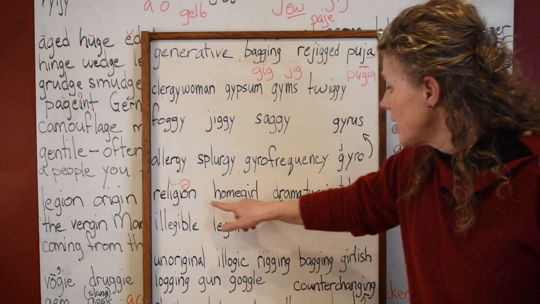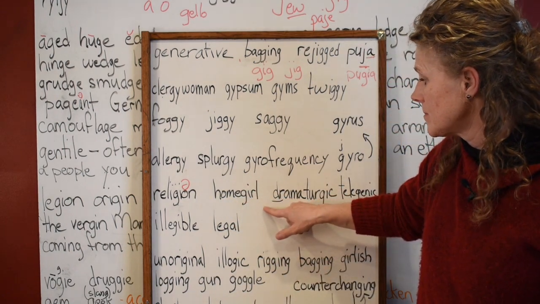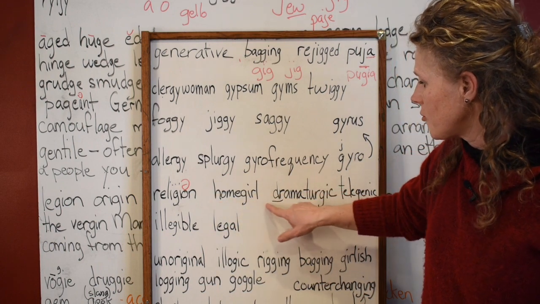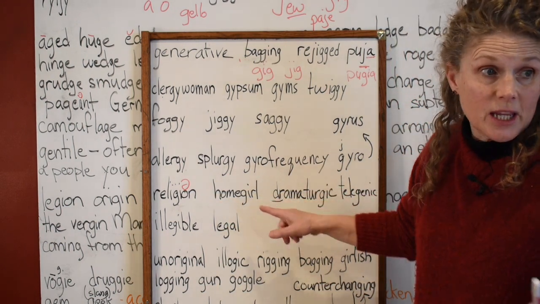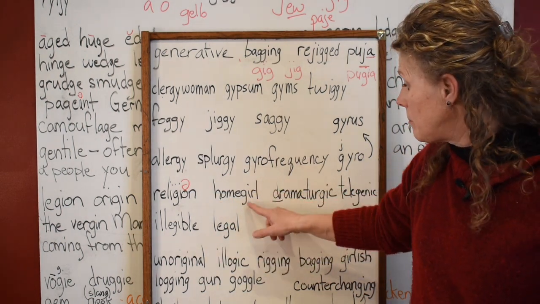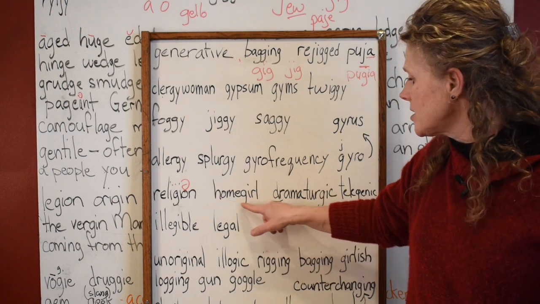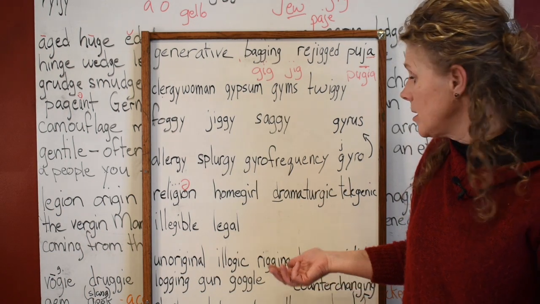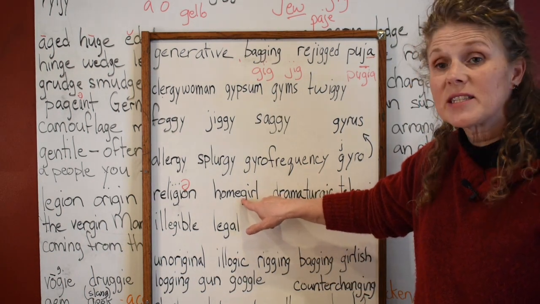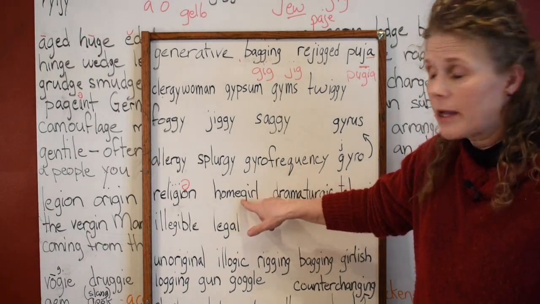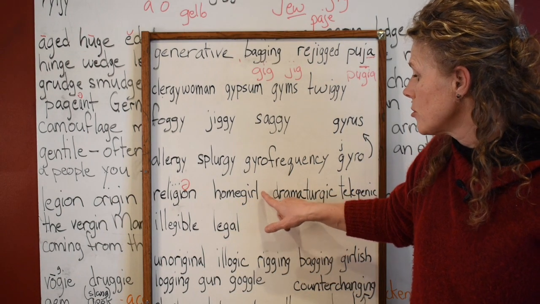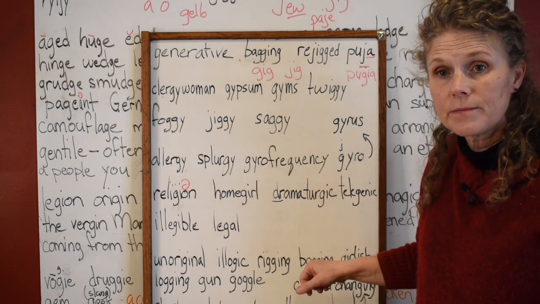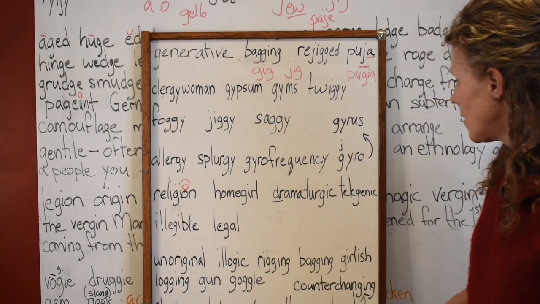Well, this is a compound word right here. We have home, and we have girl, and this G is saying the G sound. Why isn't it turning to J? Because G says G at the beginning of a word, so that's why this is still saying G. Can you see that?